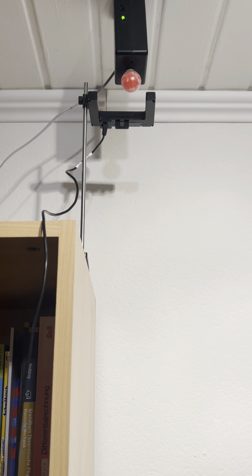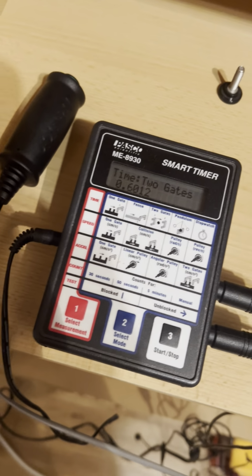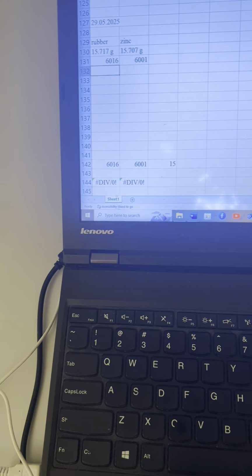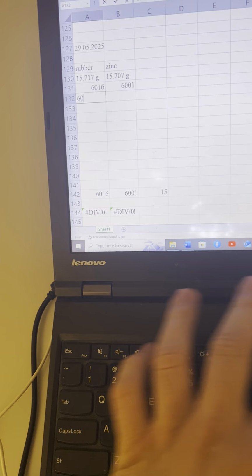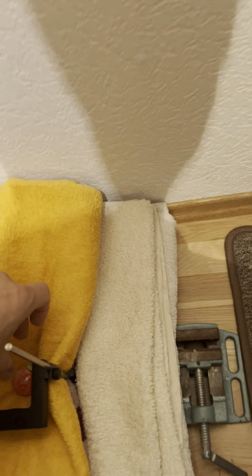Could have to do with the fact that it's so elastic, so the air might stop it more than normally. So at least this doesn't play any role for all the other materials, but for this it does. 6012. But let's see. Who knows? Maybe we get somewhat close to the predicted difference.